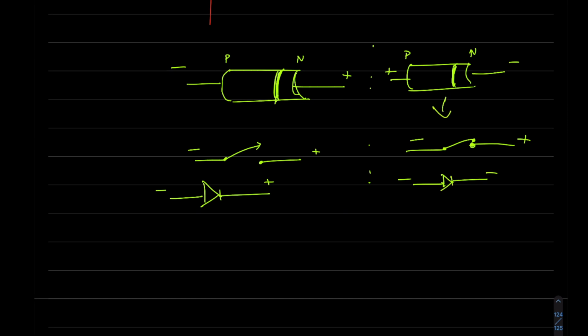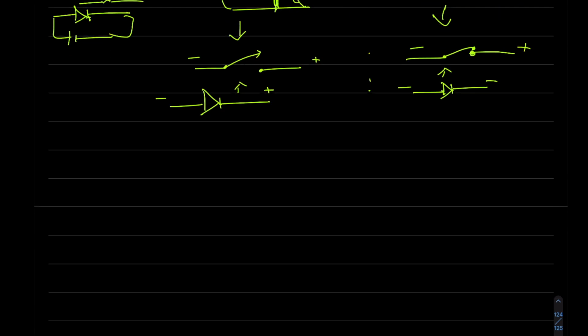So this will be converted into this, basically. So if we have to show a diode in a circuit, we can just basically either show it with an open switch or a closed switch.